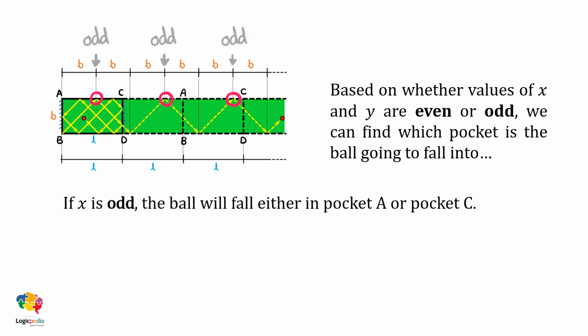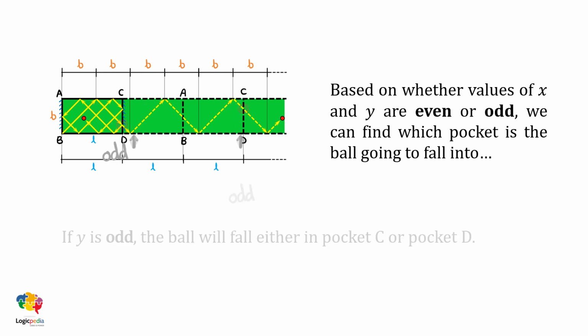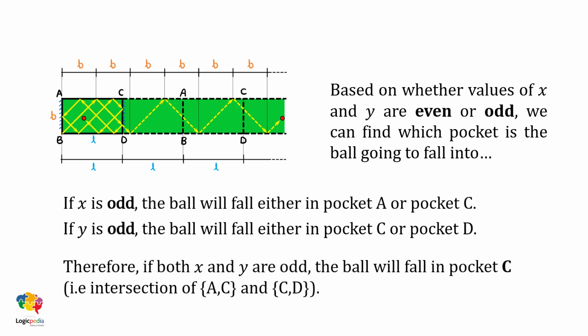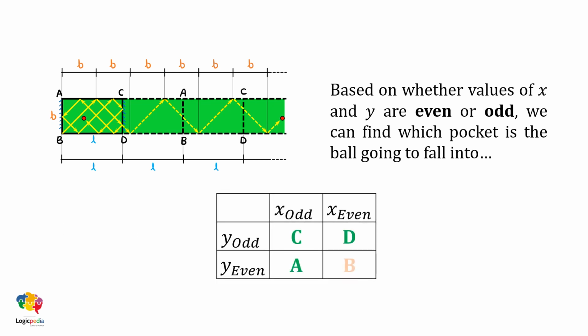If x is odd, the ball will fall either in pocket A or pocket C. And similarly, if y is odd, the ball will fall either in pocket C or pocket D. Therefore, if both the values of x and y are odd, the ball will fall in pocket C. We conclude this because the intersection of set AC and CD results in the element C. Now similarly, for all possible combinations of x and y being even or odd, we can find which pocket the ball is finally going to fall into.